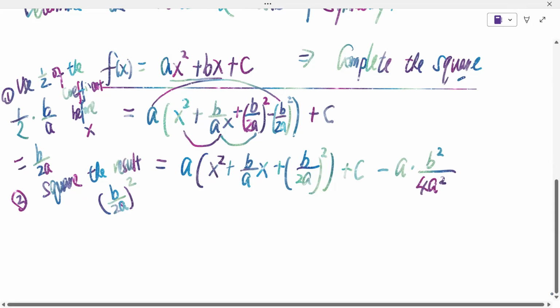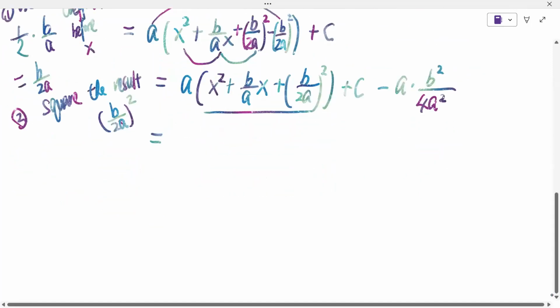Now on the other part, we can simplify. Basically, this is the perfect square we need. And you can also just factor this like what we did for the trinomials.